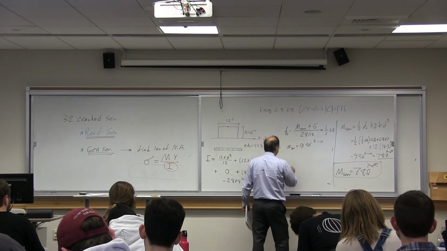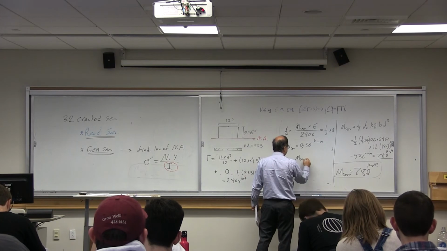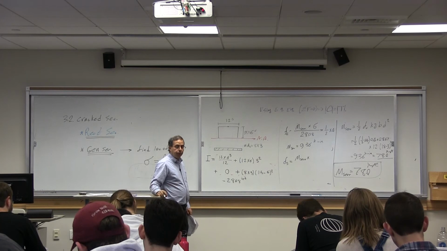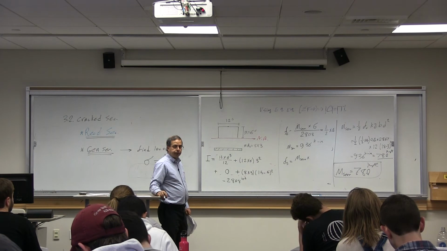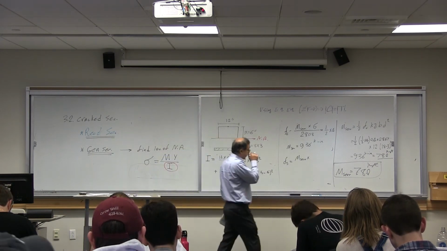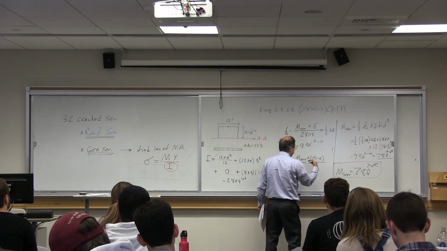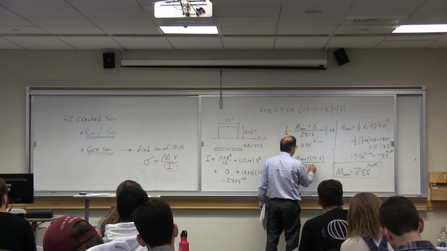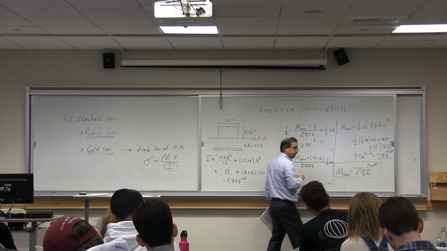And if you use Fs equal M service times what number? Times 15 minus 6, which is the distance between the rebars and the neutral axis, divided by 2808 is equal to 1/2 of 60.